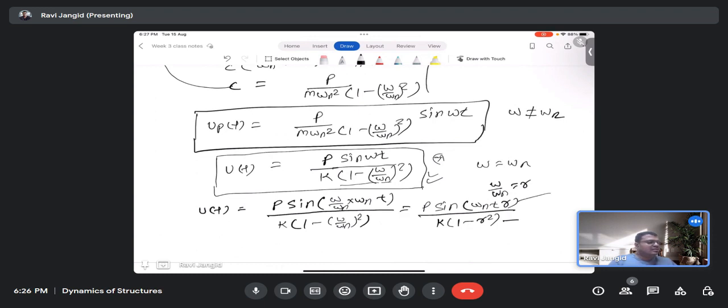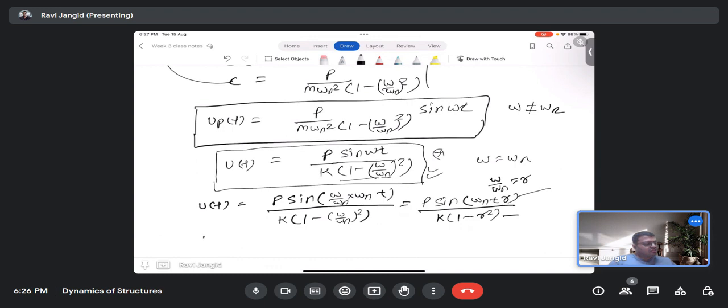The upper side becomes p omega n t cos omega n t r, and the lower one becomes minus 2rk.